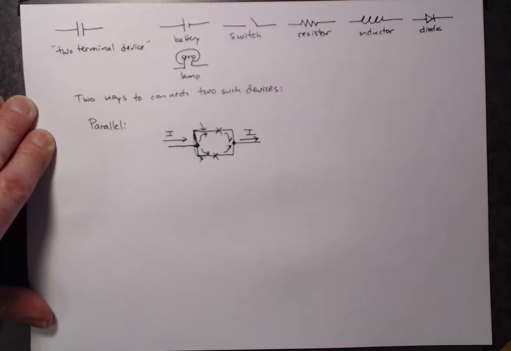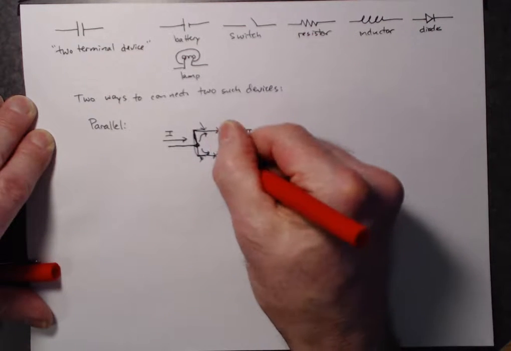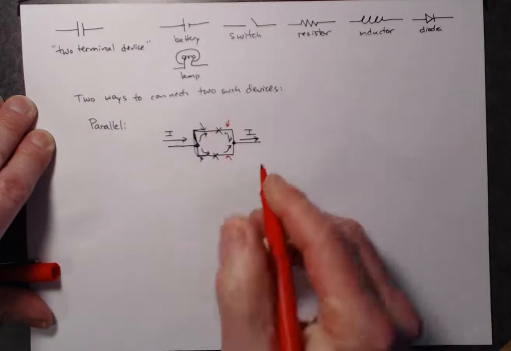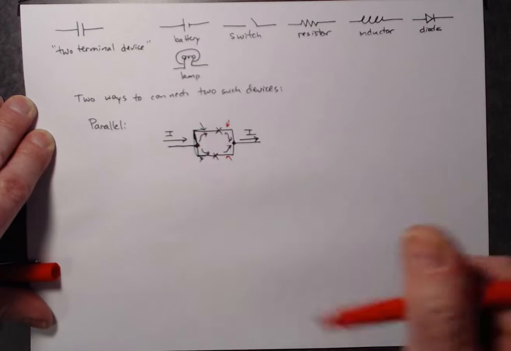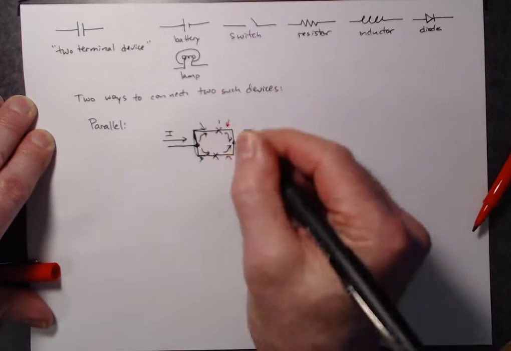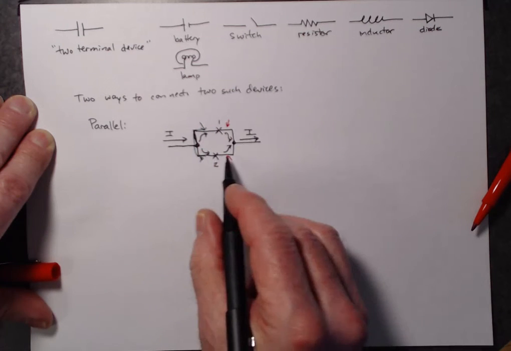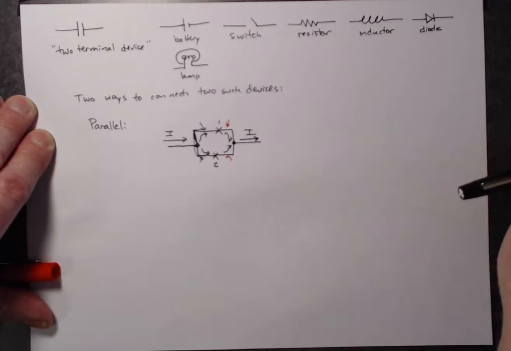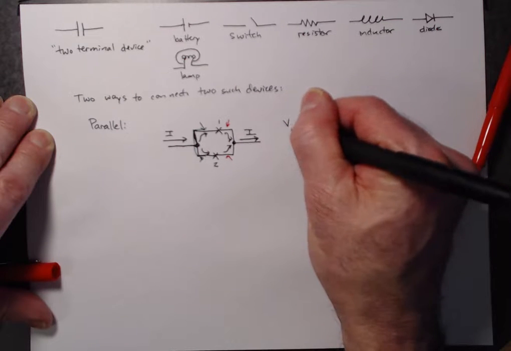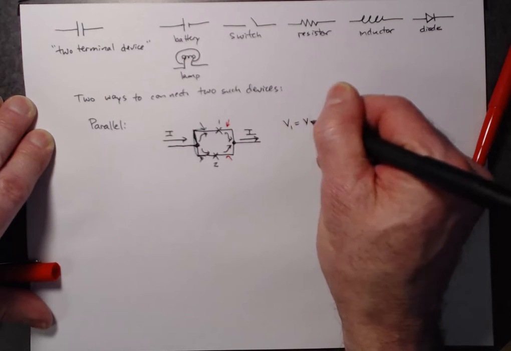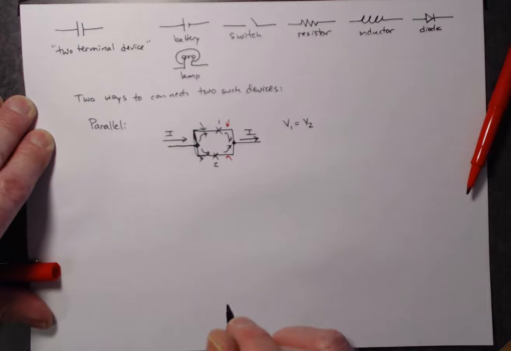And similarly, the voltage here is the same as the voltage here. So the voltage across the top device, let's call the top device 1 and the bottom one 2, is the same as the voltage across the bottom one. So for parallel connections, V1 is equal to V2.